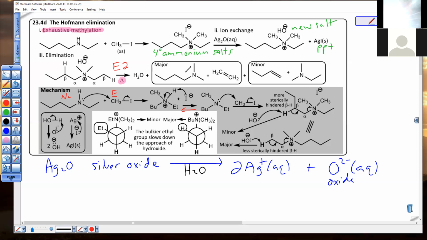I'm going to write that down just as a reminder. The conjugate base of an acid with a pKa less than 12 is a good LG.